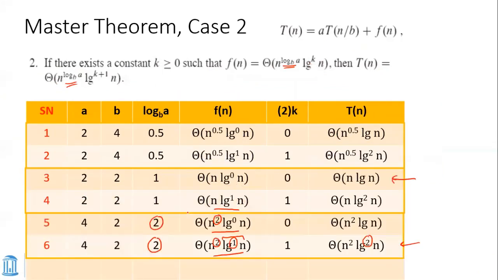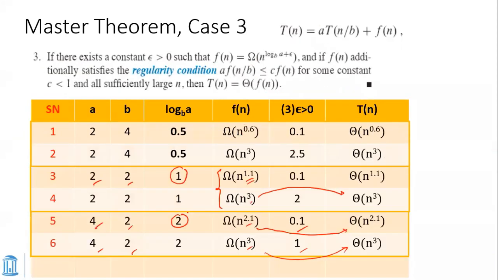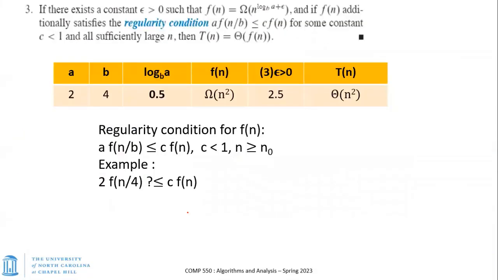So let's take a look at what the regularity condition is implying. Let's take a look at an example of the regularity condition. Essentially, we're saying that we need to make sure that the function f of n is well behaved. How are we defining that?